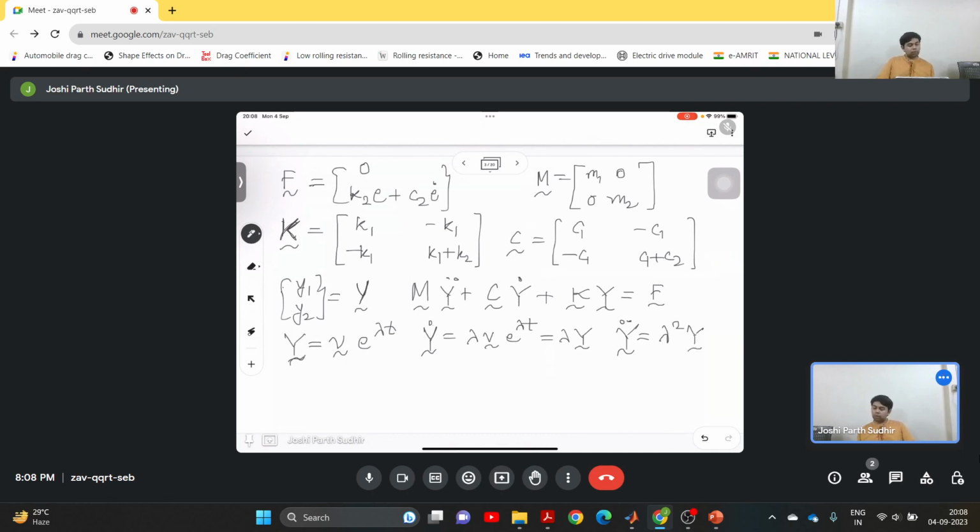So therefore we will get lambda square m plus lambda c plus k vector into v e to the power lambda t is f.